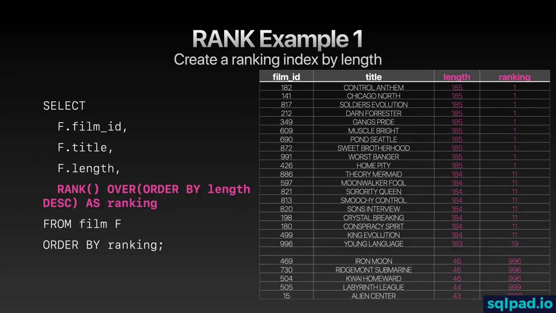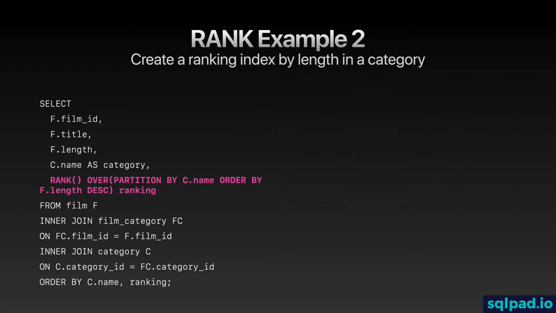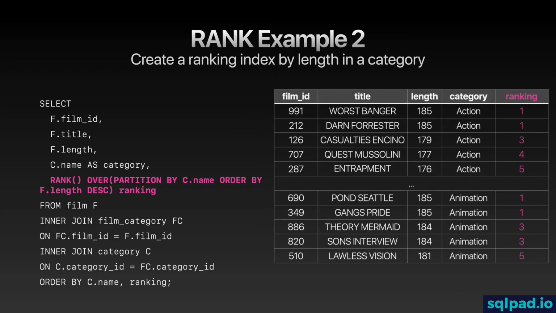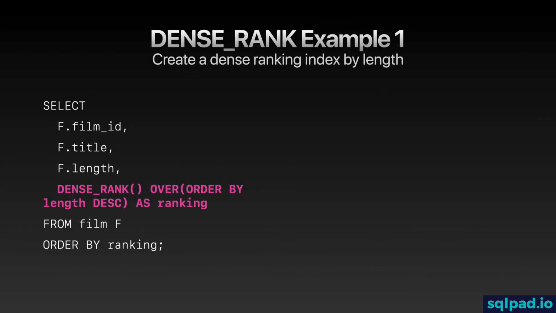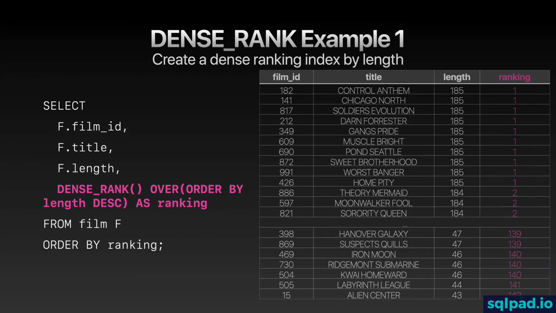Very similarly, we can also generate rankings inside of a partition instead of the entire movie catalog with the help of partition by. The last function I want to show you is dense rank. It is very similar to rank in terms of how it treats ties. The only difference is that it will restart the next value to be a continuous value to the current largest ranking number.